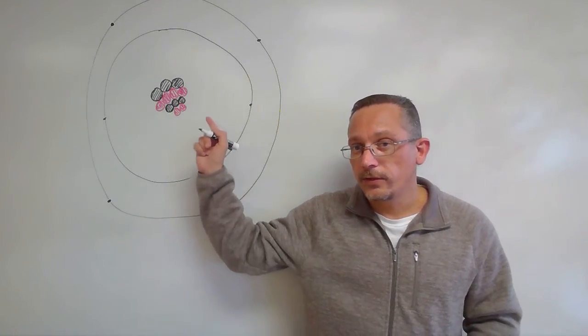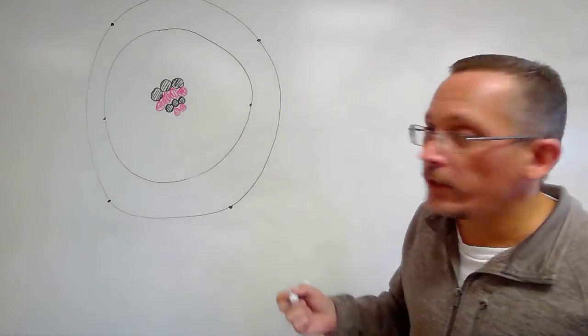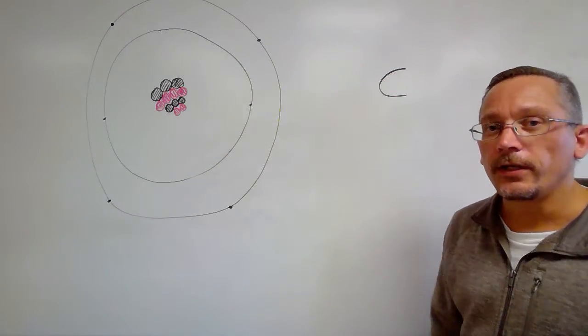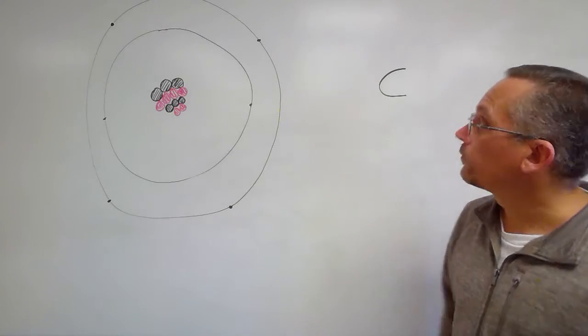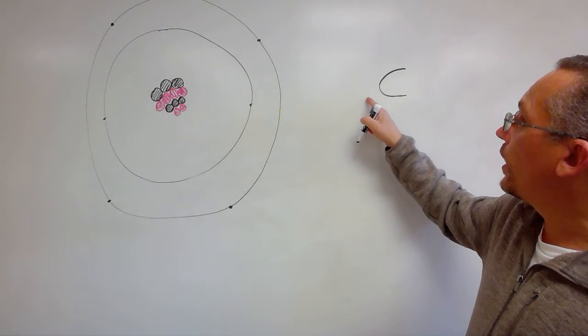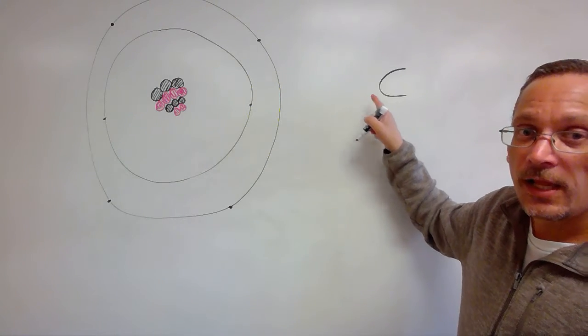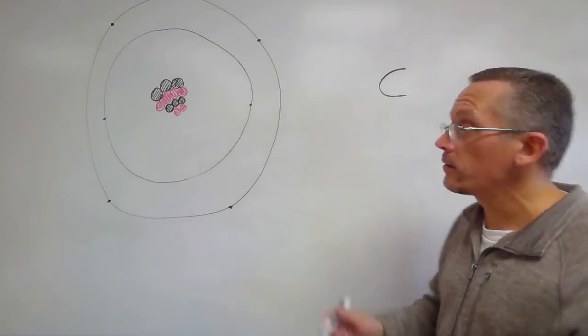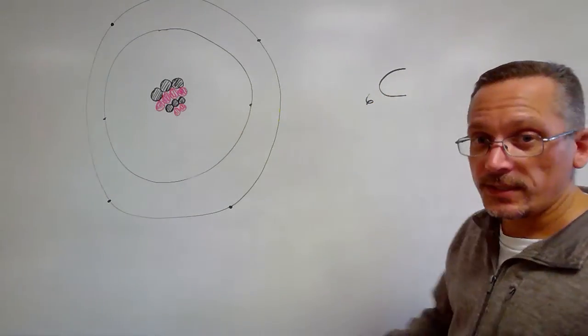So for this particular isotope of carbon, what I would do is put C for carbon, the element symbol, and then in the bottom corner on the left-hand side, I'm going to put the number of protons. Carbon always has 6 protons, so we'll put a 6 there.